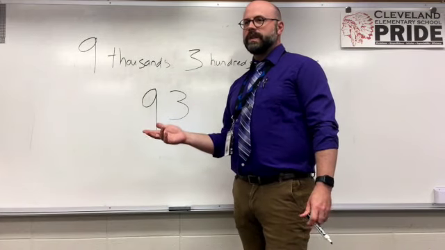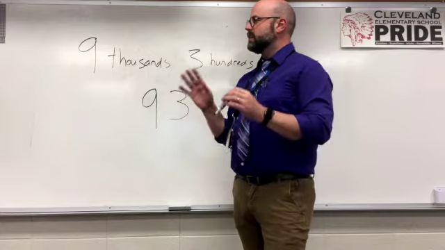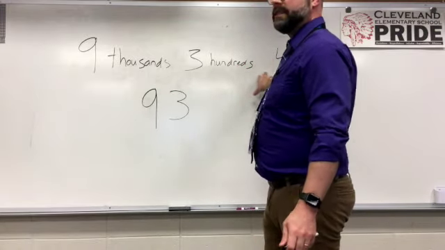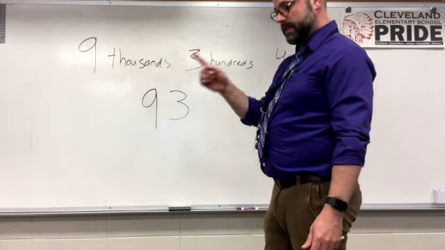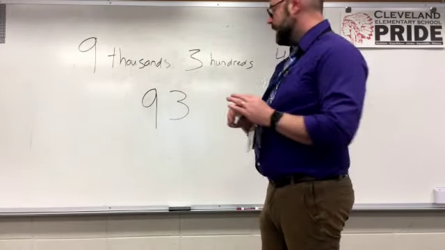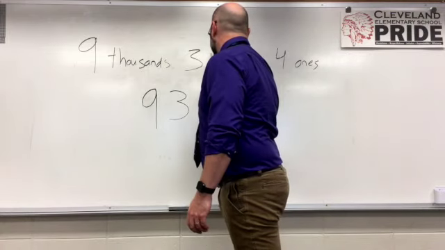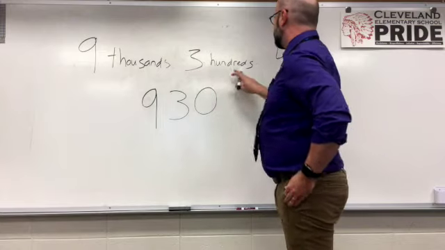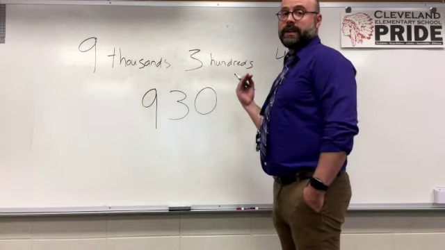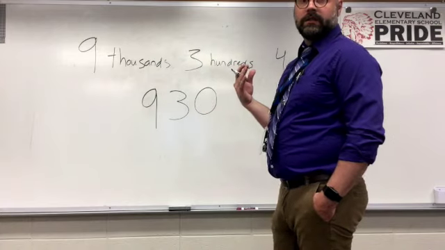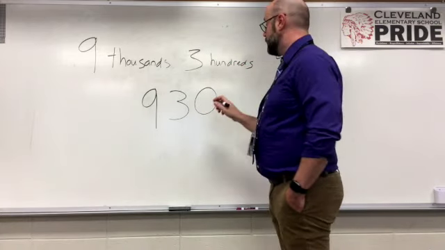Well, before we go into a panic, what number represents nothing? What is a placeholder that represents nothing? 0. It says 300s, it doesn't say anything about the 10 spot. It says nothing. So you put a 0.